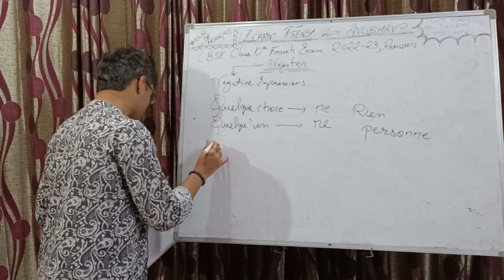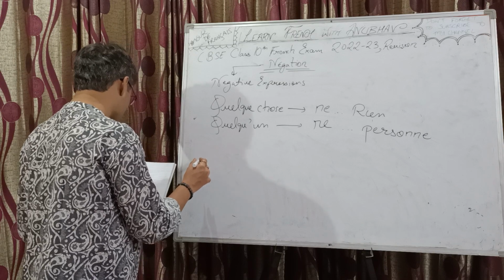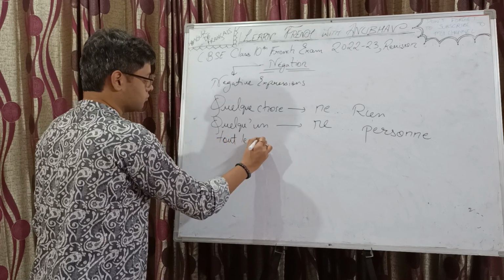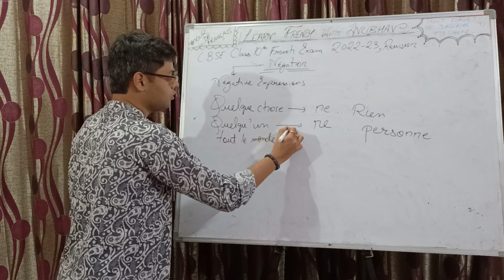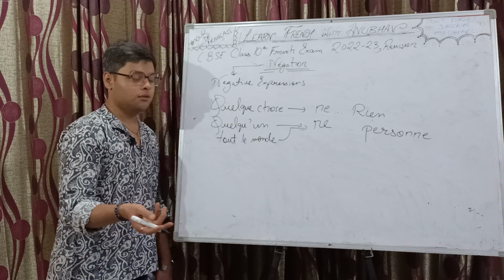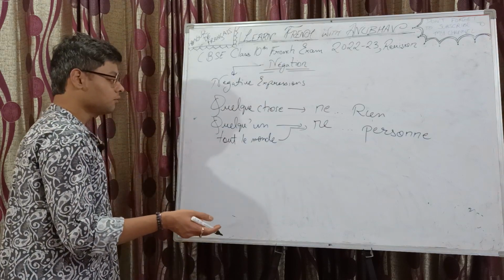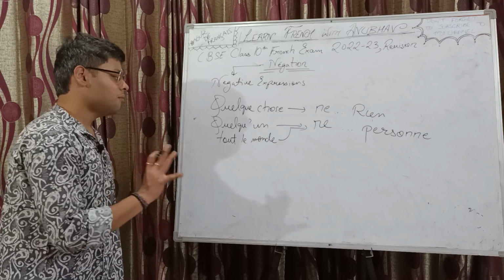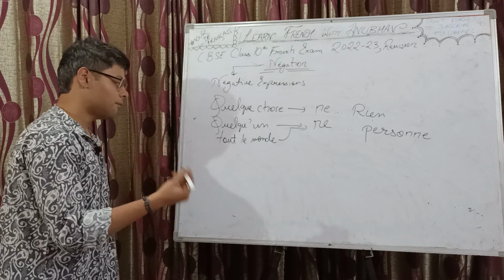Then we can talk about which one? Yeah, tout le monde. Even for tout le monde, it will be ne personne. Tout le monde means everyone, right? So, ne personne. And tout le monde has a separate application as well.